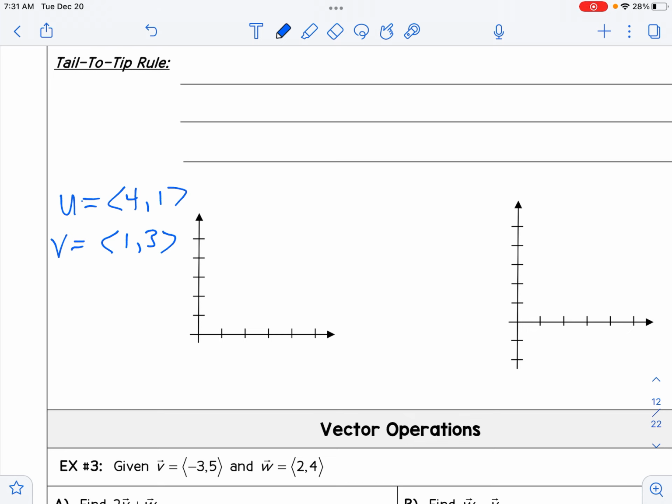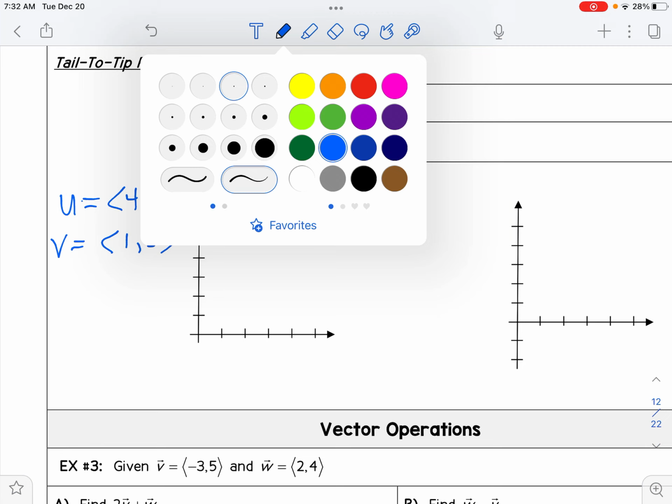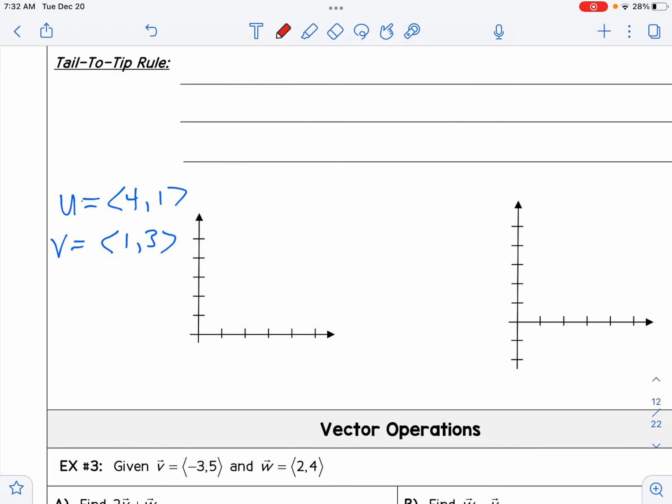If we're adding those two vectors together, the nice thing is you can actually add them in component form. So it's literally like combining like terms, if you will. So 4 and 1 make 5. So we'll call the new vector w. Well, let's call it u plus v, so it's not confusing. So u plus v would end up being 5, comma 4, right? So that tells us what that new vector is going to look like, or the resultant vector.